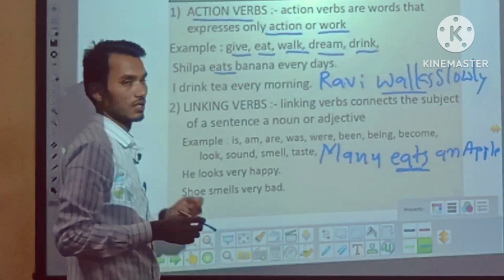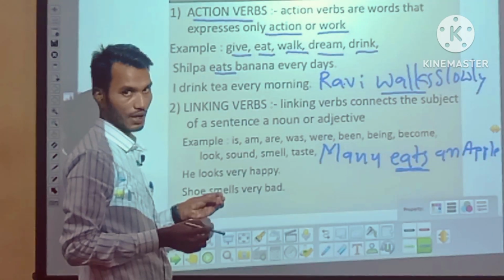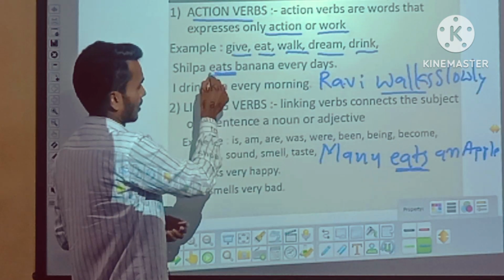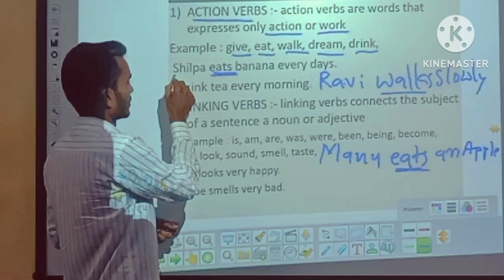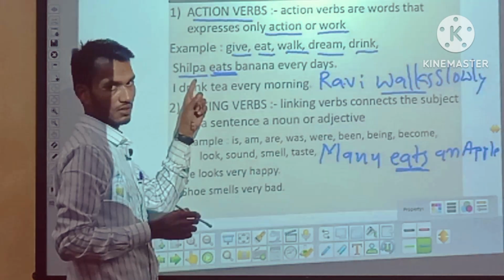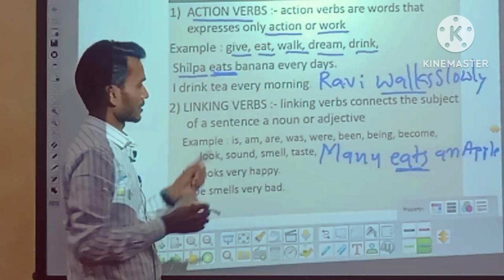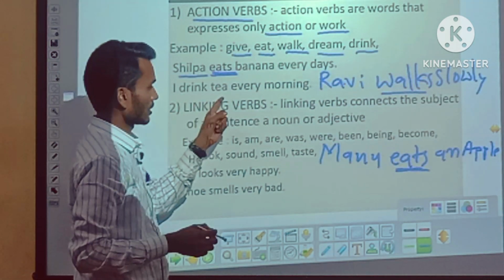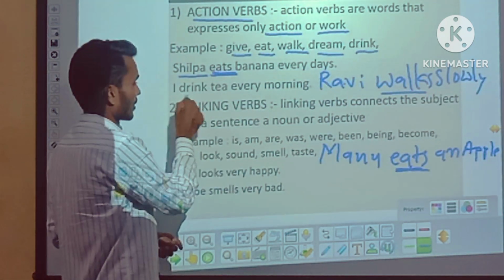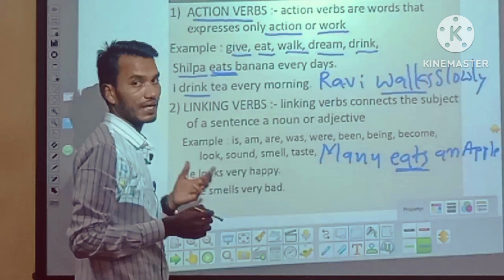What does Shilpa eat every day? She eats banana, right? Here it tells the action of a subject. The subject is Shilpa and the verb is eats. Then I drink tea every morning. Here drink is an action verb.